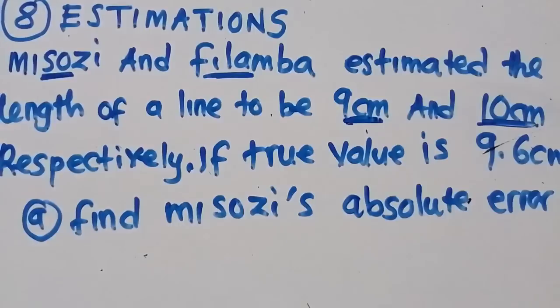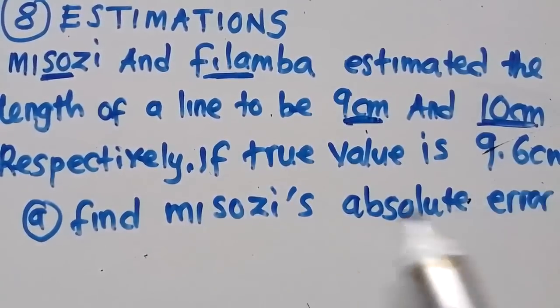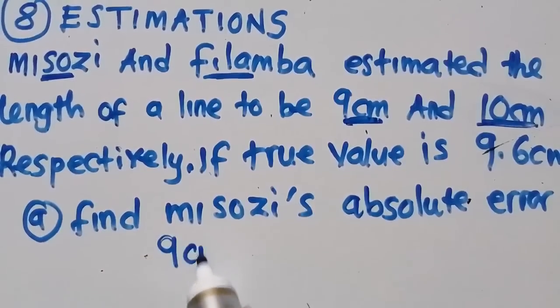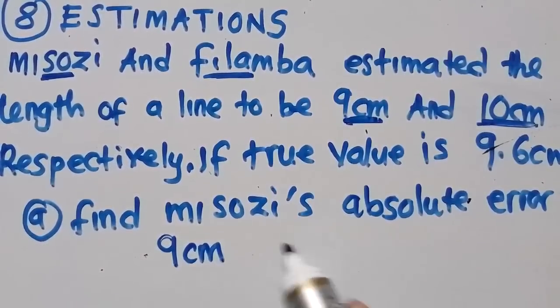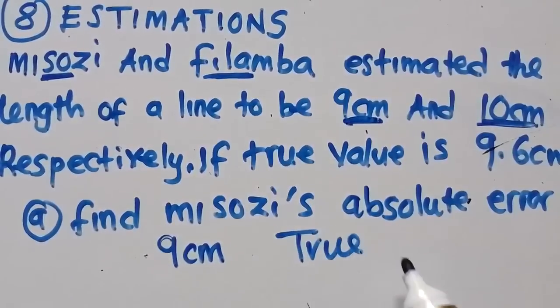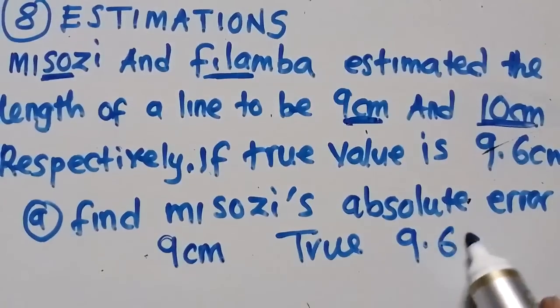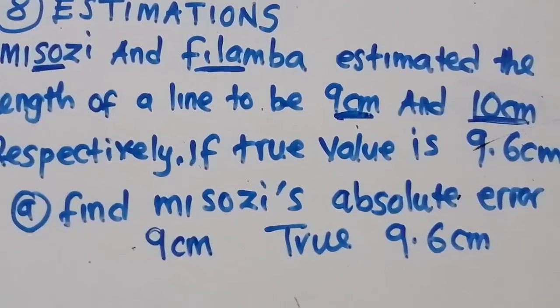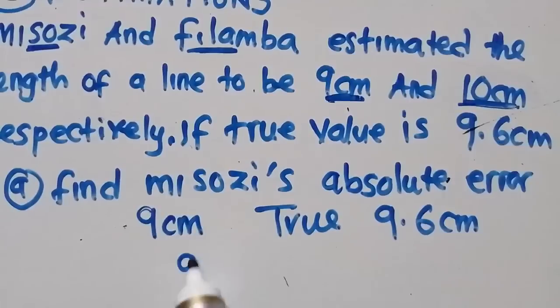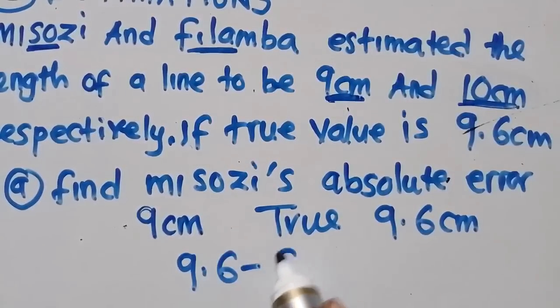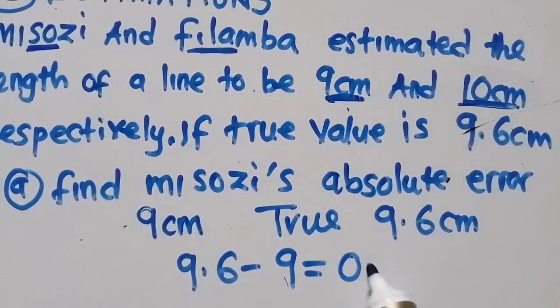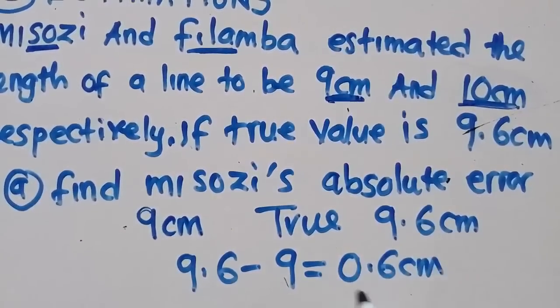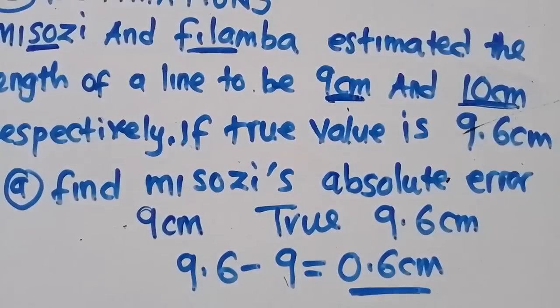Where you are given the true value, Misozi measured 9 centimeters, but the true value was 9.6 centimeters. So you just say 9.6 minus 9, which is equal to 0.6 centimeters. This is Misozi's absolute error. We avoid negative answers.